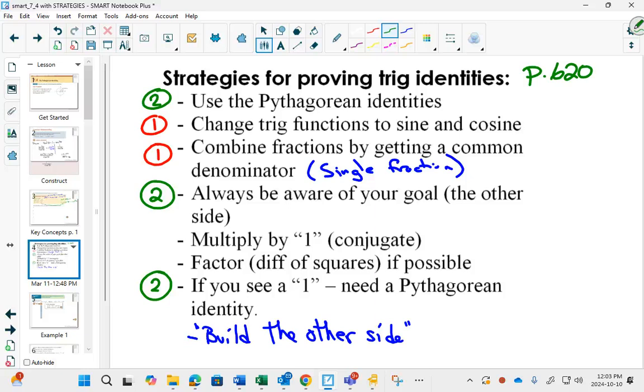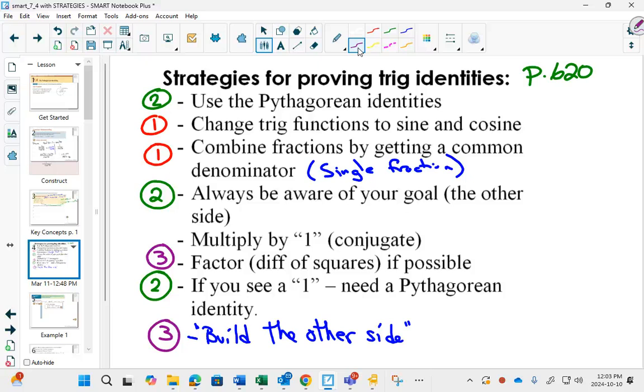Okay? And then when you get stuck, strategy number 3, either factoring or build the other side, is the strategy you need to use if nothing's working for you. This is probably what you need to do.